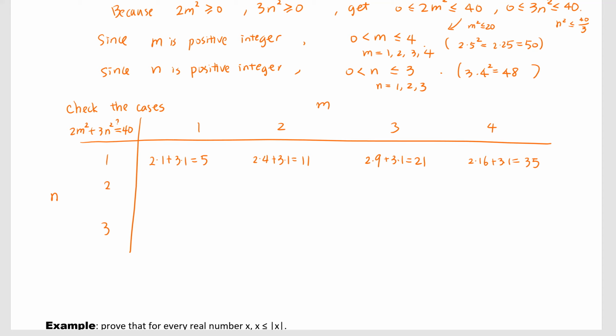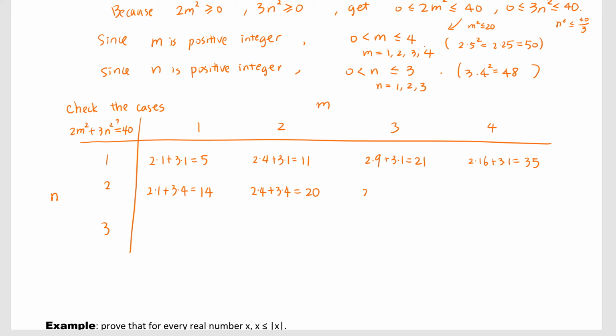Okay, next, with n equal to 2: 2 times 1, and 3n squared, 2 squared is 4, 3 times 4 is 12, 12 plus 2 is 14. Next, 2 times 4 plus 3 times 4. Well, 2 times 4 is 8, 8 plus 12 is 20.